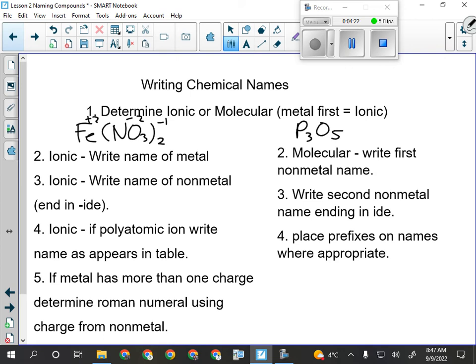Step 2, for molecular, write the first non-metal name, then write the second non-metal name ending in "ide." And then place prefixes on names where appropriate. Penta.